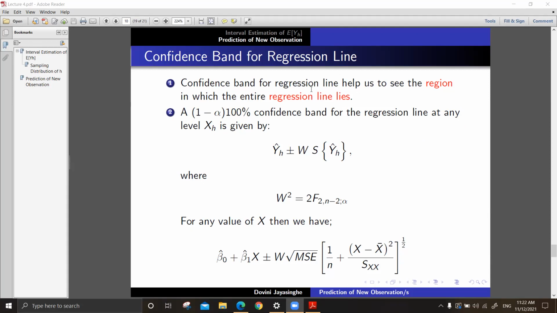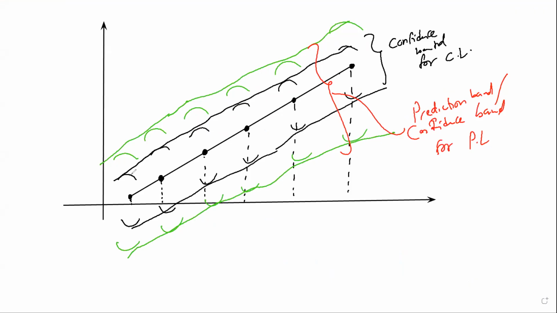When it comes to a band, it gives an idea about the entire regression line, not only the X level, because there are gaps between X levels, right? If we consider only this one, it is given for this X level. But what about from here to here? We can't construct infinitely many confidence intervals. We can, but in practice, we don't do that.